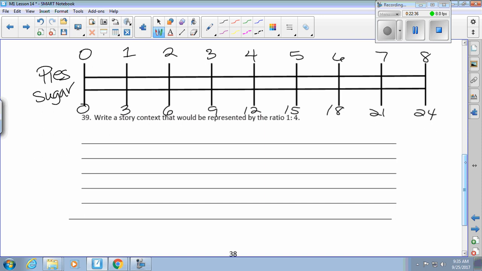Alright, so that is on page 39. Your homework tonight is to do the rest of 39, and we're going to write our story together.